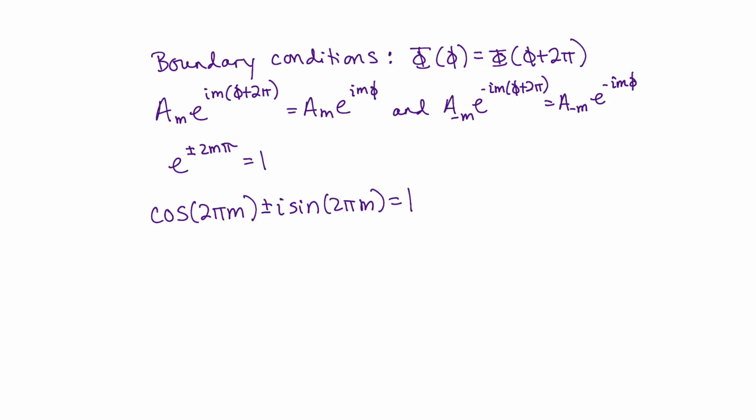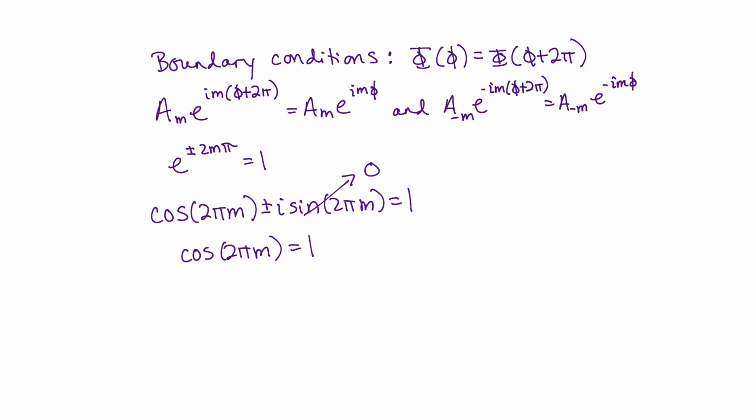Looking at our cosine-sine expression here, we can see that this term is going to go to 0 for integer values. Remember, m is going to be some kind of integer that we put in there. So that leaves us with cosine of 2 pi m equal to 1.